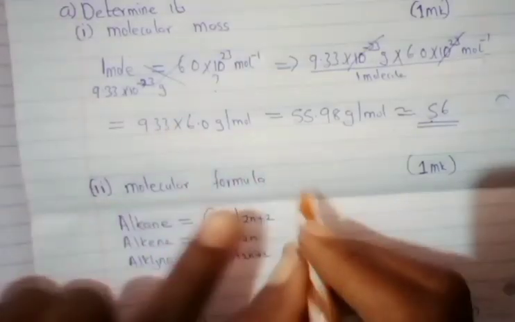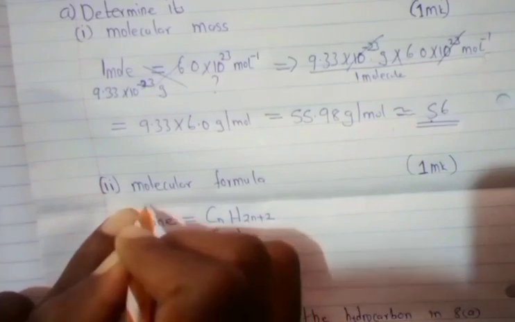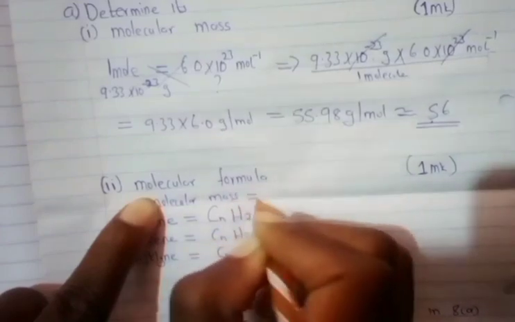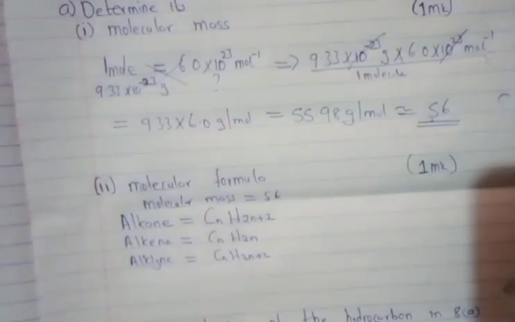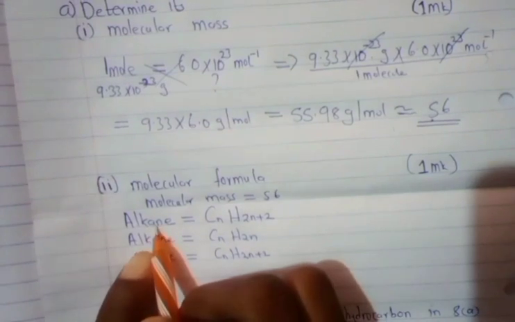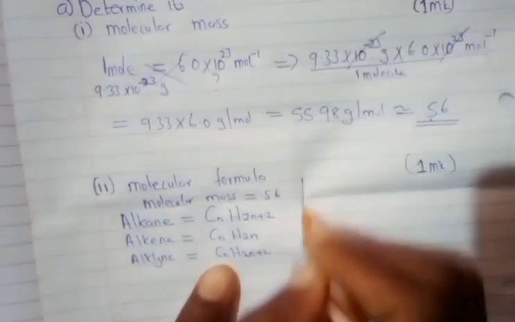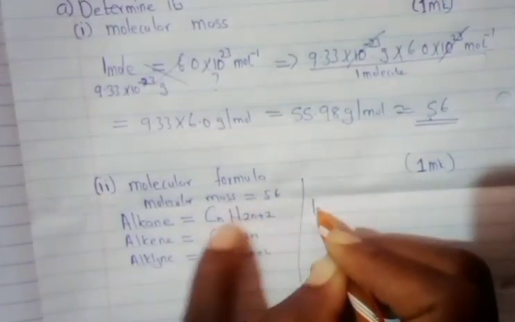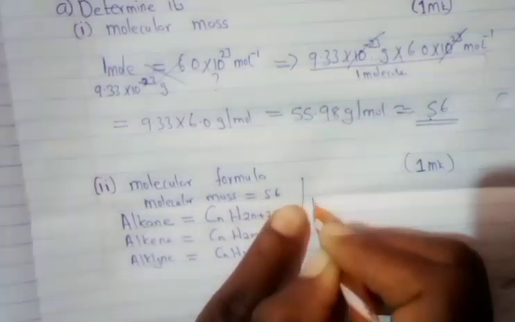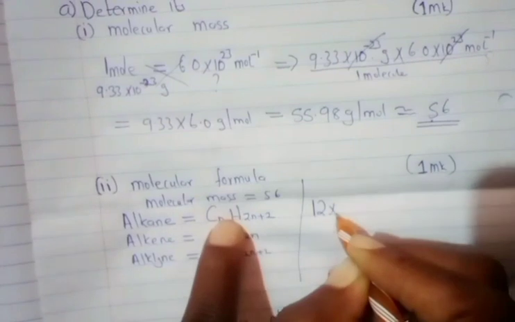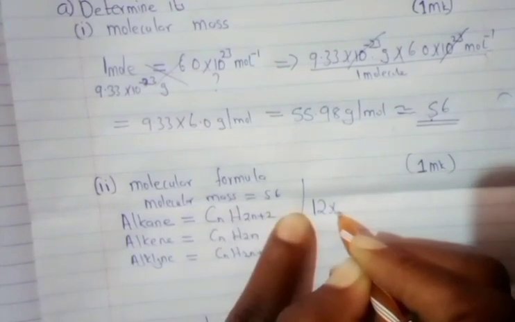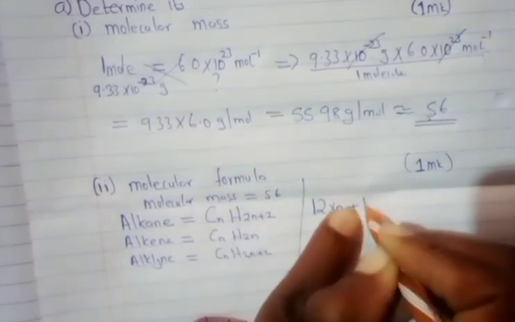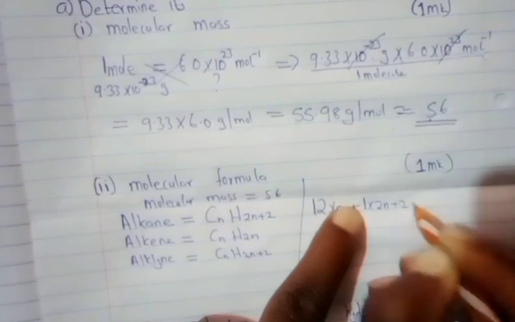And we have the molecular mass from Roman 1, which is 56. So what we do is we try alkane. We know carbon is 12, so we'll start with alkane. 12 multiplied by n, plus hydrogen, which is 1, multiplied by 2n plus 2, is equal to 56.